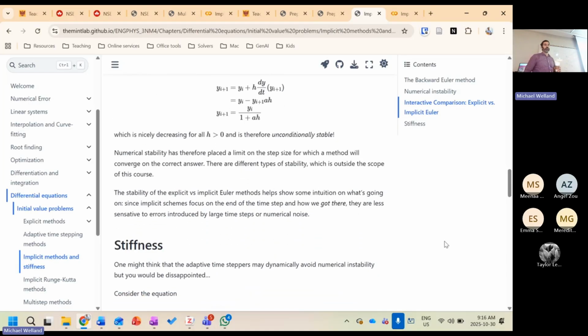Right? So the numerical stability is placing, notice the warning alert, right? Listen to this one. The numerical stability is placing a limit on the time step that you can use. If you have a lot of information about your problem, then that time step is well characterized and you can control it well.